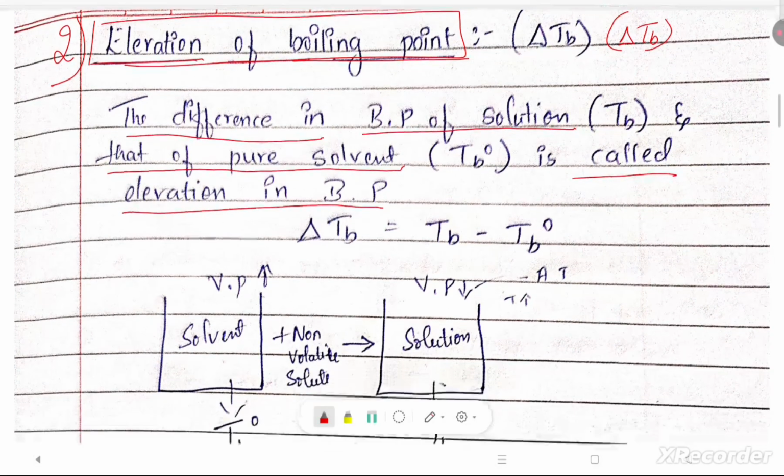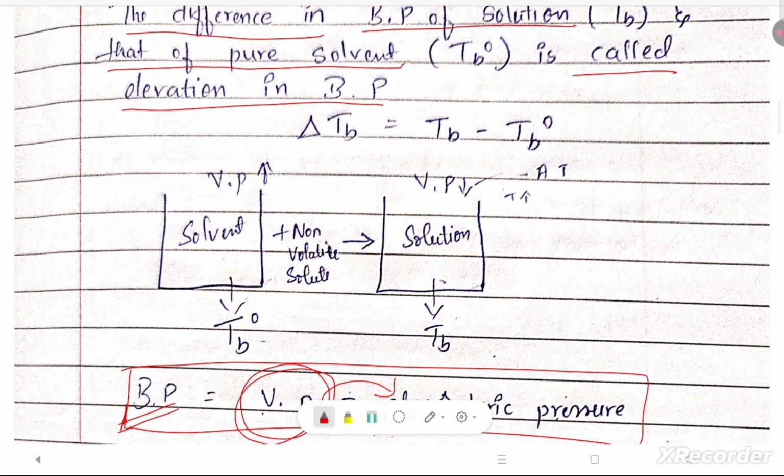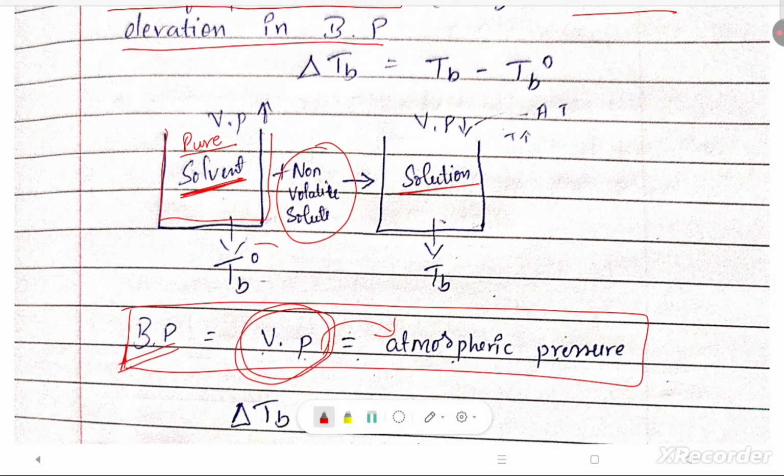What it means, you can see here. We take a container. Here we took pure solvent. After adding non-volatile solute, it became solution. Before adding non-volatile solute, this pure solvent boiling point we denote by Tb naught.